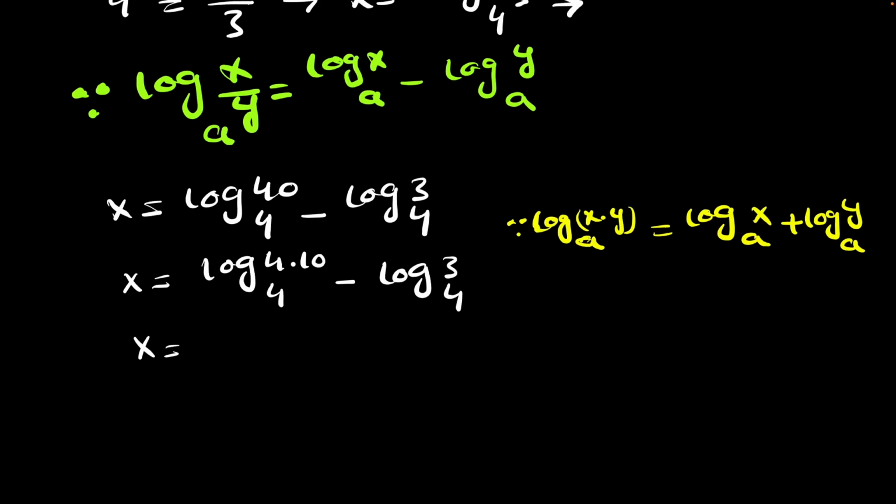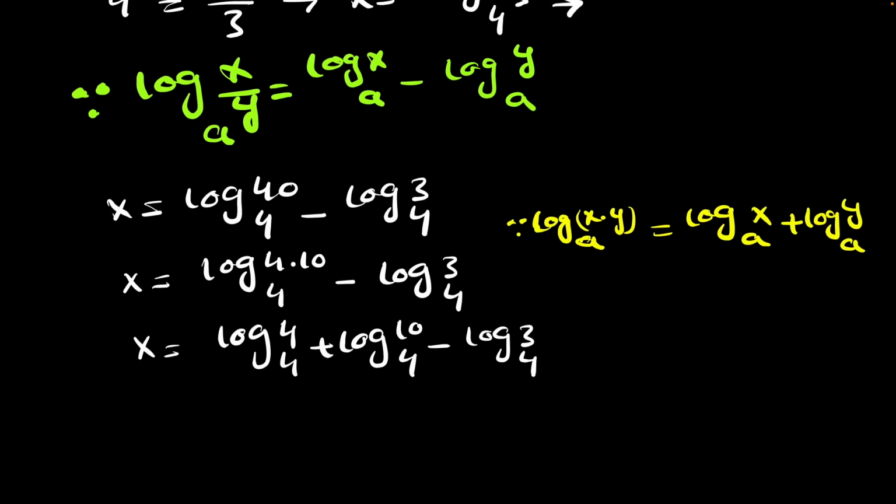So now we are going to apply this formula to this part of the question. So I'm going to write log of 4 to the base 4 plus log of 10 to the base 4 minus log of 3 to the base 4.